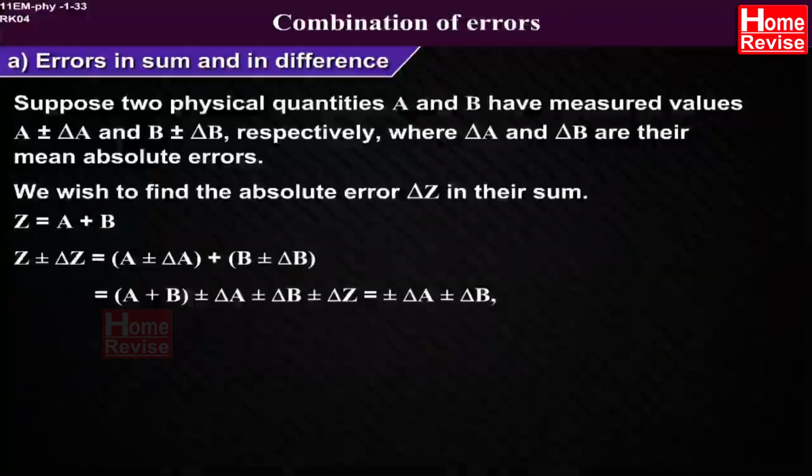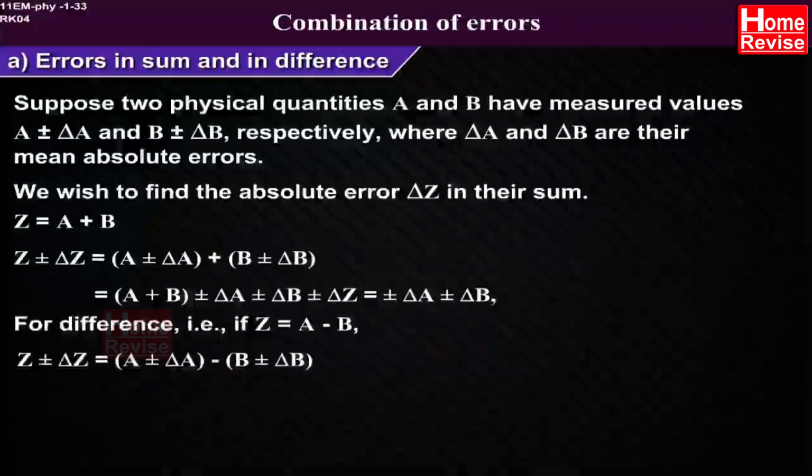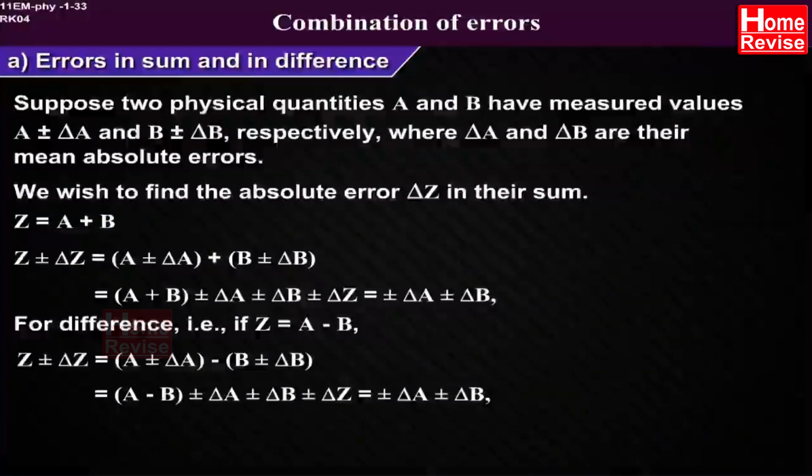For difference, that is, if Z = A − B, Z ± ΔZ = (A ± ΔA) − (B ± ΔB), which equals (A − B) ± ΔA ± ΔB. So ± ΔZ = ± ΔA ± ΔB.